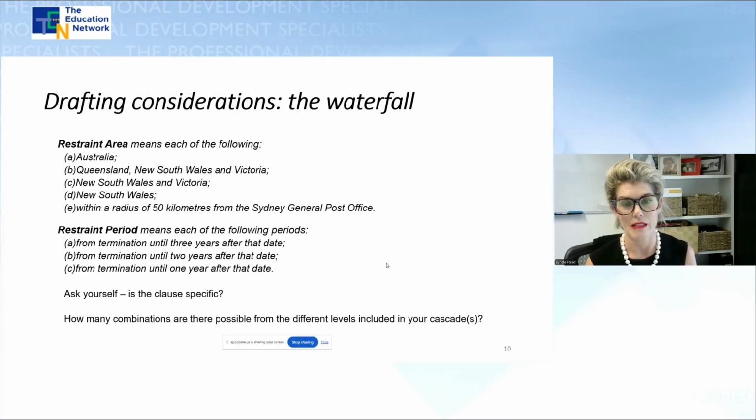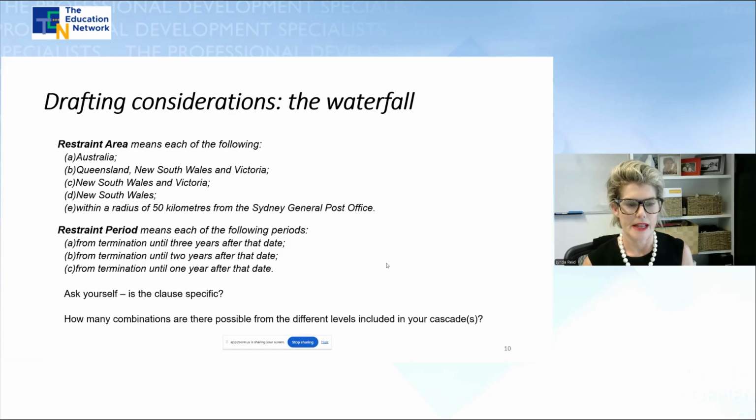If you don't say that I'm restraining you from doing particular things within a particular area, it's usually considered fatal for any kind of restraint clause. But is it specific? So am I providing enough information that somebody is going to be understanding the types of things that they are restrained from, the geography that they are restrained from doing them in, and also the time period they're restrained from doing that for?